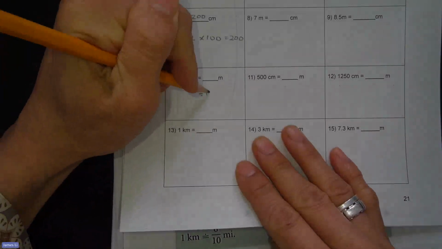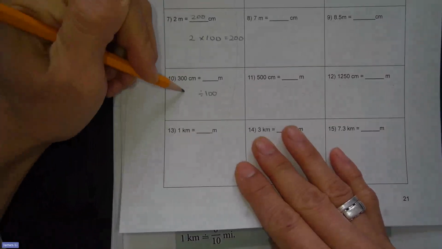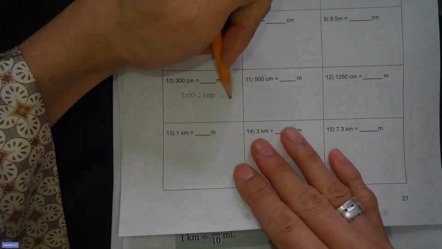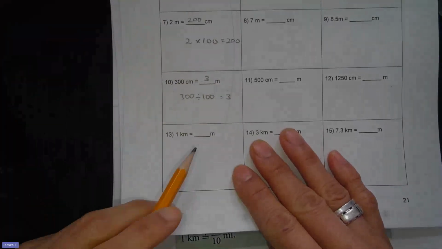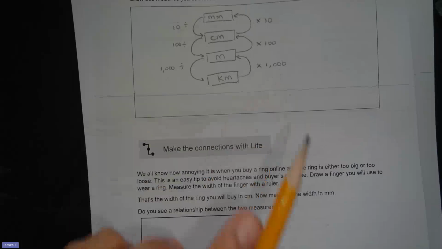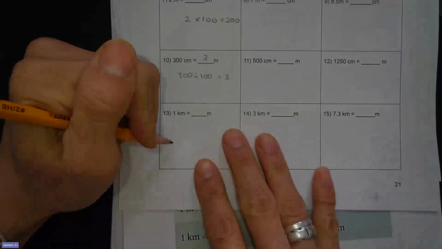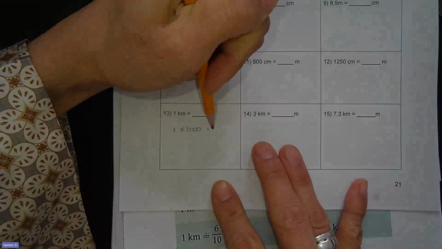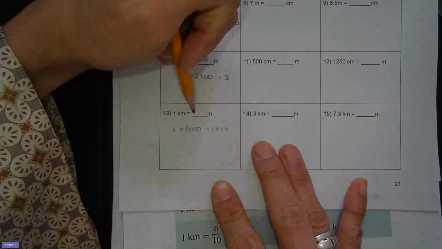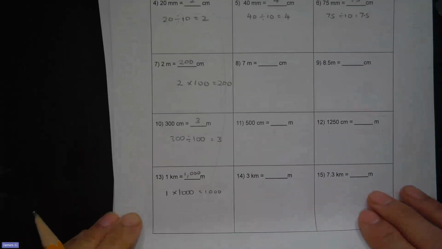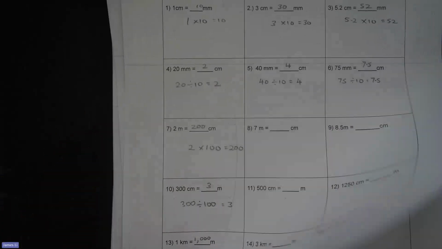So I will write divide by 100. 300 is here, I bring it down. 300 divided by 100, I get 3 meters. Kilometers to meters, multiply by 1,000. So 1 multiplied by 1,000, and I get 1,000 meters. Okay? So fairly simple, fairly basic.